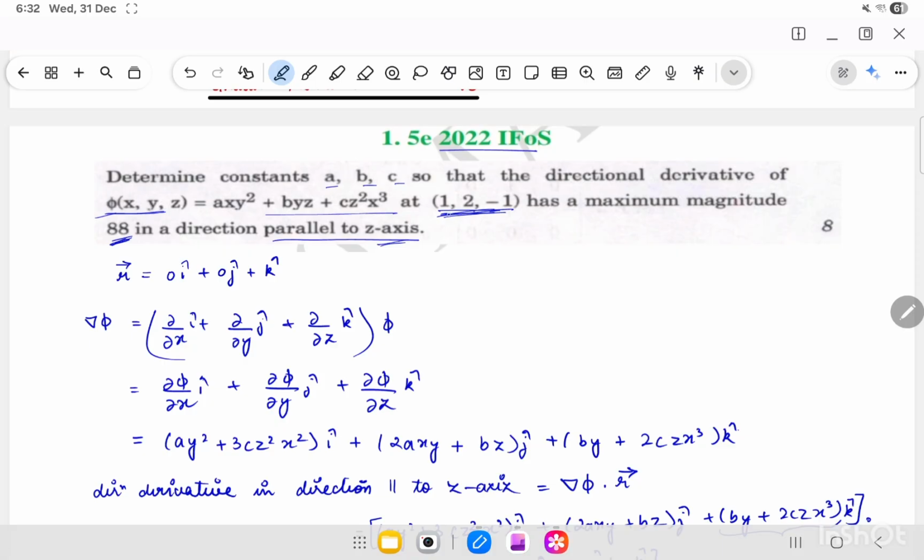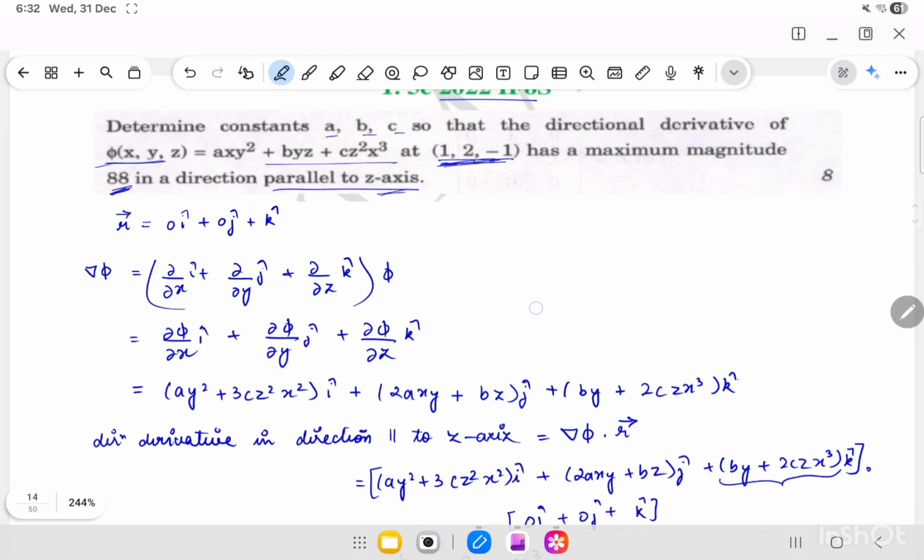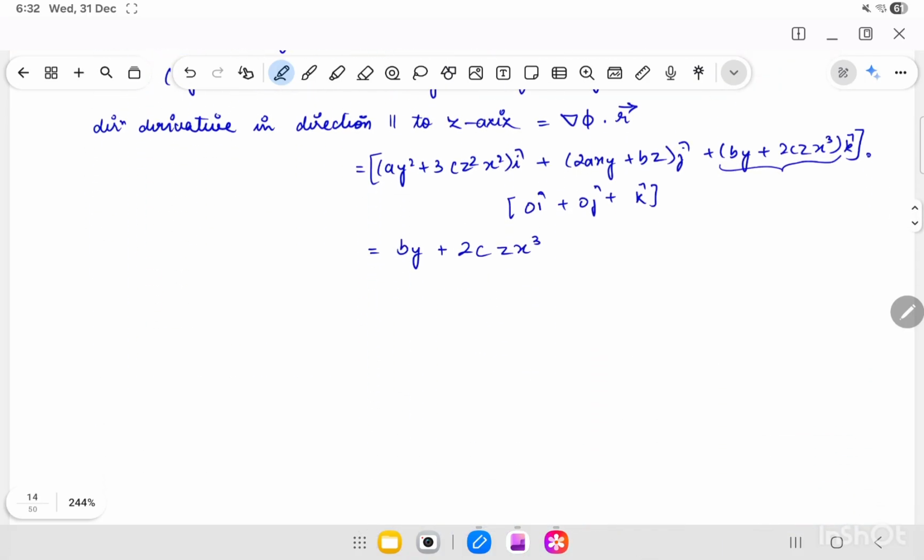So we need to equate the magnitude at this point with 88. Let's denote the directional derivative with D. So D at this point, that is (1, 2, -1), will be equal to b times 2 plus 2c times minus 1 times 1 cube, that is equal to 2b minus 2c.